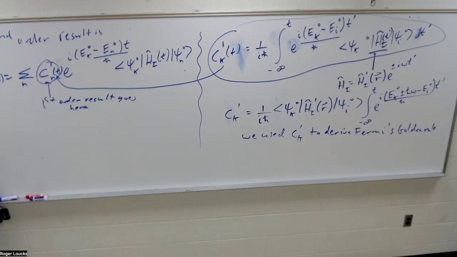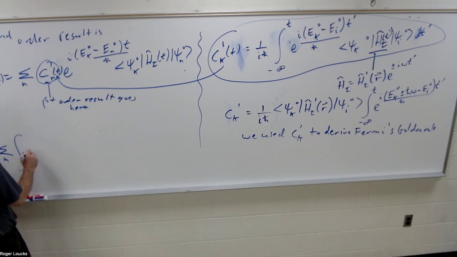I'm going to say that this guy here, this is CK dot, the second order is really dCK2 dt. What I'm going to do is take over the dt and then solve this thing for CK. This gives me CK2 equals sum on n, an integral, and then this whole thing.